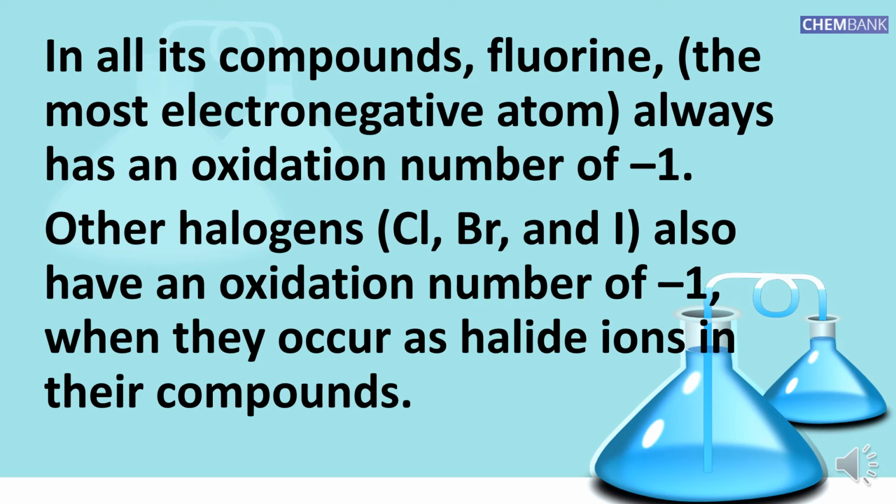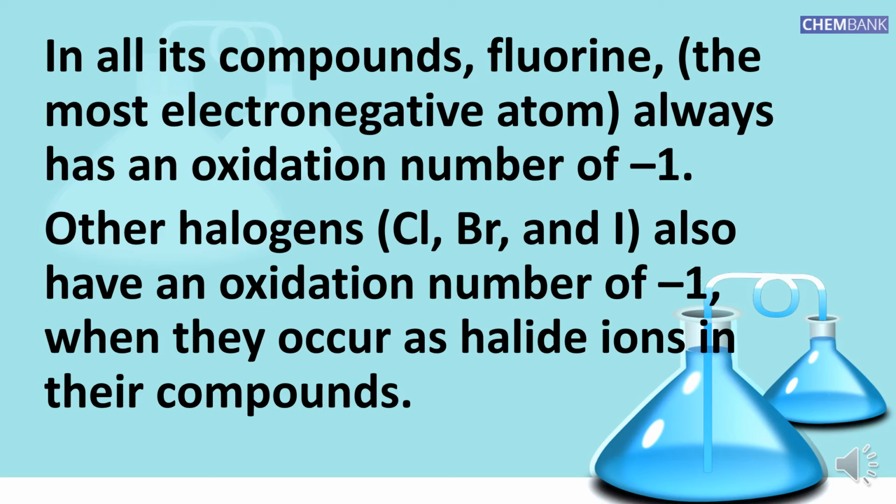Very important to remember, in all its compounds, fluorine, which is the most electronegative element, always has an oxidation number of -1. Other halogens, chlorine, bromine and iodine, also have an oxidation number of -1 when they occur as halide ions in their compounds.